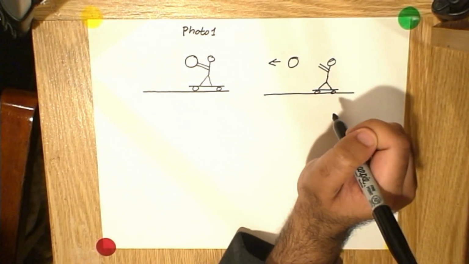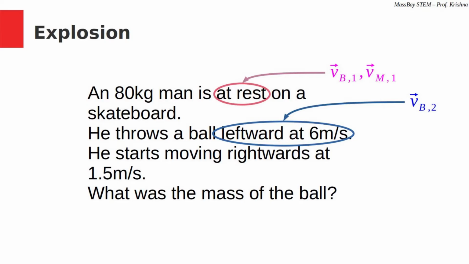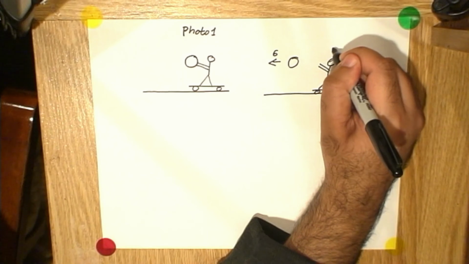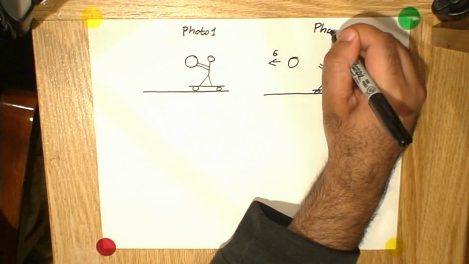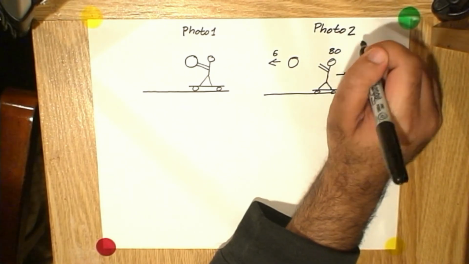We were told that the man throws the ball at 6 meters per second and starts moving backwards at 1.5 meters per second, and that the mass of the man is 80 kilograms. So this now is photo 2.